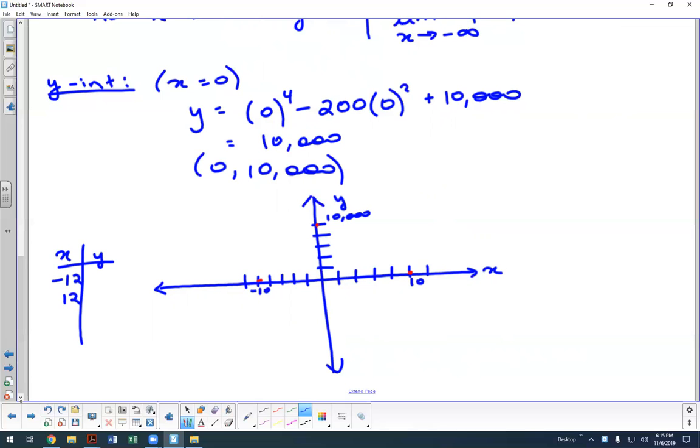What does that number come out to be? Since you have symmetry, you can also just check for 12 and that would be the same answer for -12.